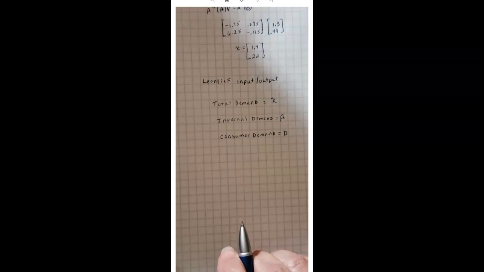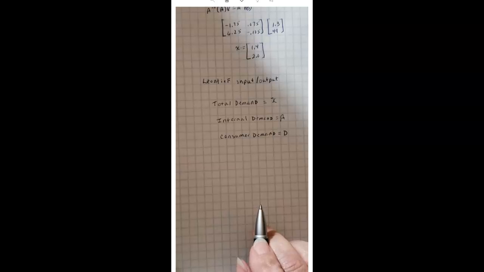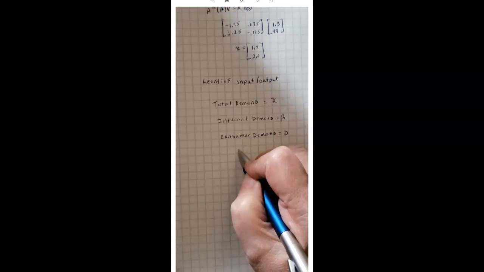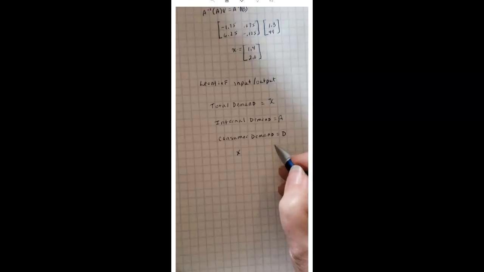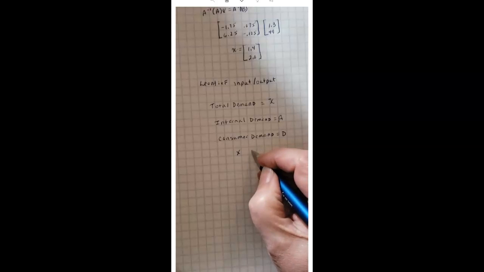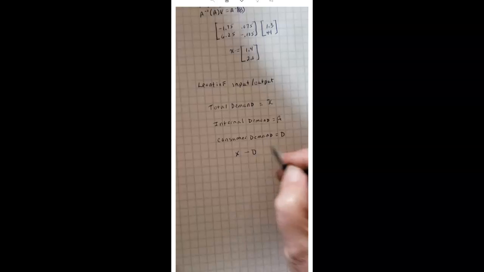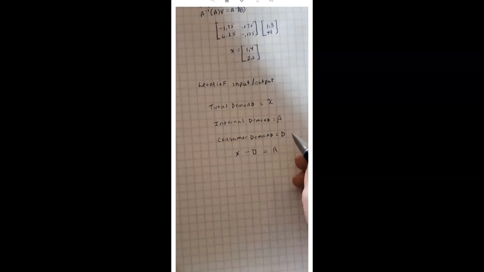All right, so using that idea then, we know that if we were to take and find the total production, which would be X, and we were to subtract the demand from the consumer, then we'd end up with what the internal demand was.